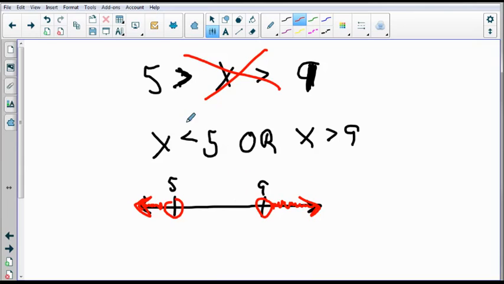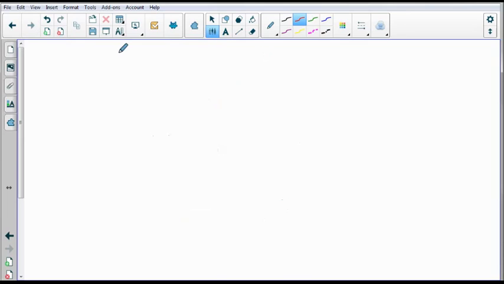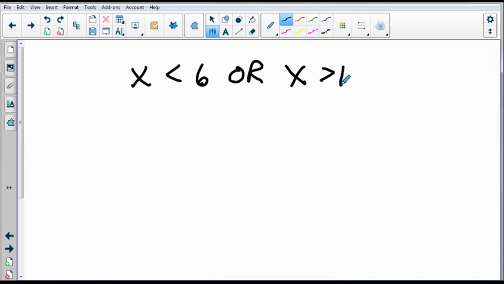Okay, so let me give you an example of an or that I would like you to try. Let's say that x is less than 6 or x is greater than 15. All right, go ahead and pause it. Okay, let's see what you got.